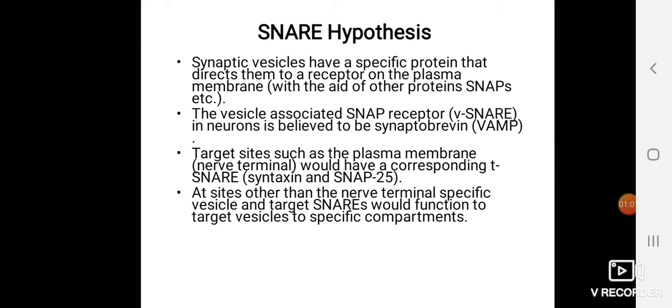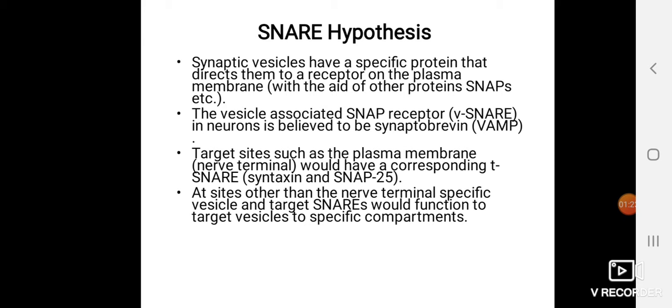In synaptic vesicles, this fusion is facilitated by a specific set of proteins called SNARE proteins. These SNARE proteins are fibrillar proteins present in the membrane of the vesicle as well as on the target membrane.